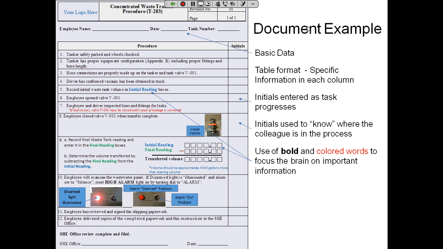The use of bold, colored words, separation for carrying out, entering values to avoid transcription error, photos with callouts. All these are simple little tools that if we use them, we're in a much stronger position to avoid issues related to documentation.